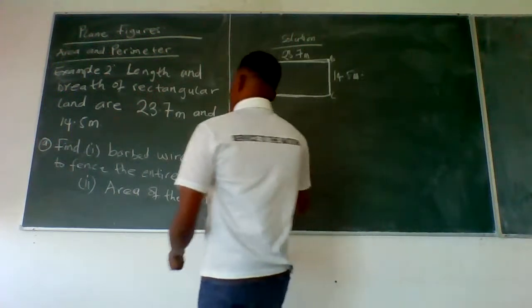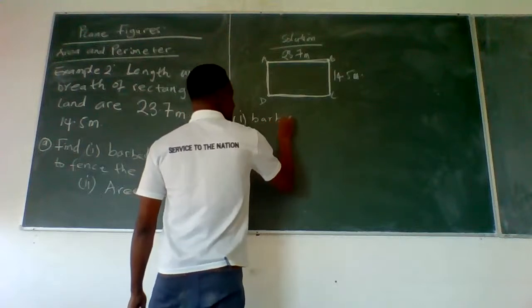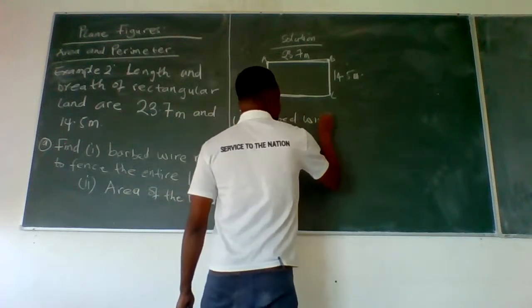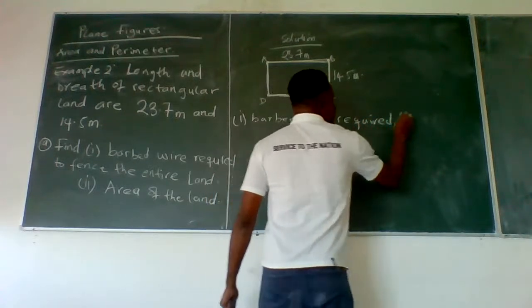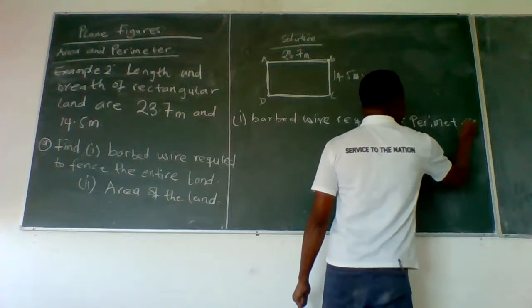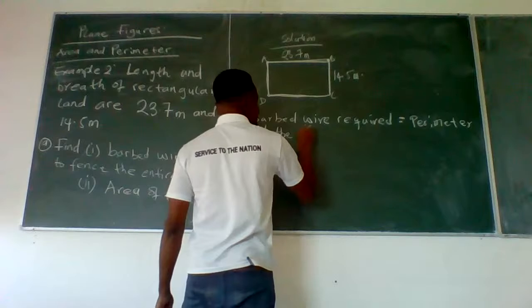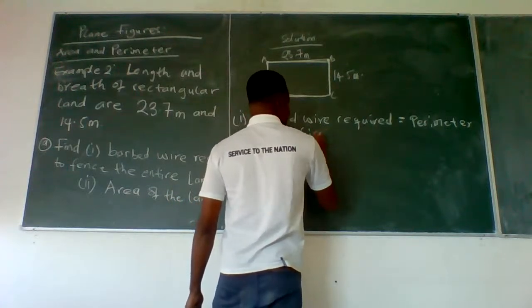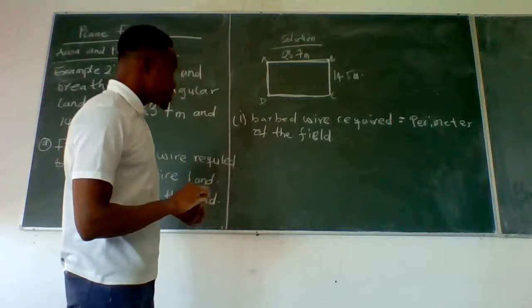So the barbed wire is equal to the perimeter of the field, right?